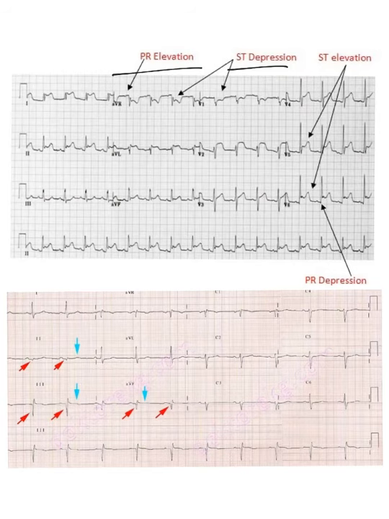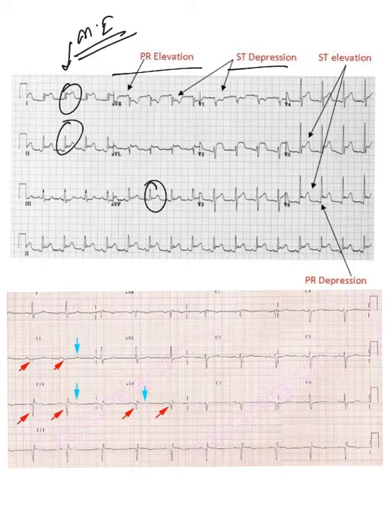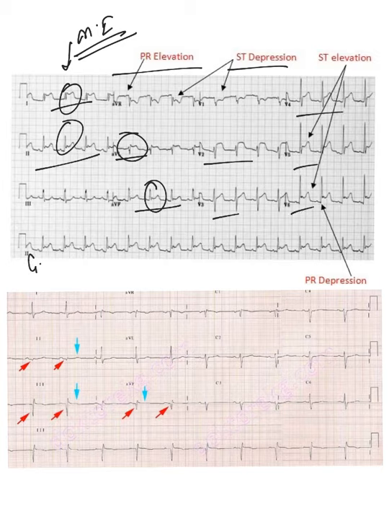This ECG is a common mimicker of MI. Here if you see, there is ST elevation in 1, 2, 3, aVL, V2, V3, V4, V5, V6. So this is generalized ST elevation.